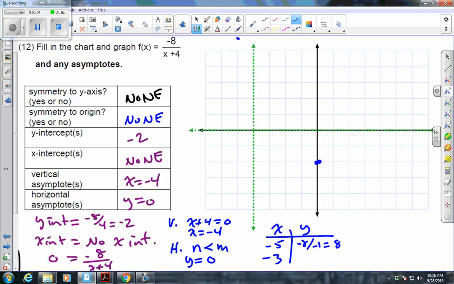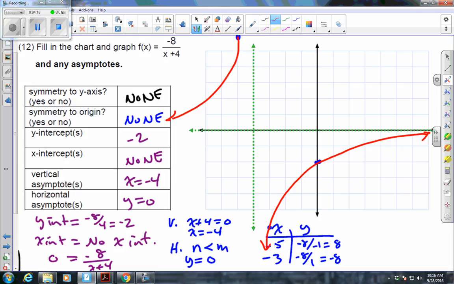So that one's going to be way up here someplace off my graph. Negative 3 is going to be negative 8 divided by positive 1, or negative 8. That's going to be way down here someplace off the graph. So these graphs are going to do this. And we're done.